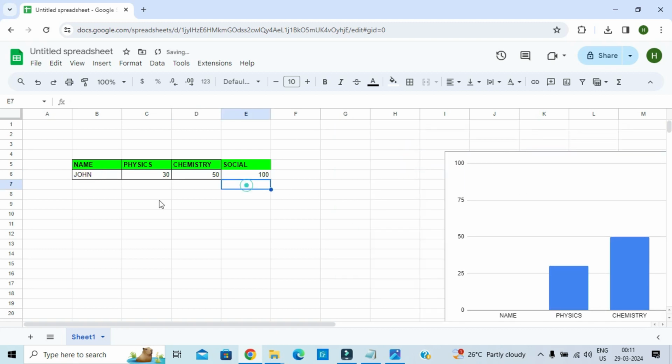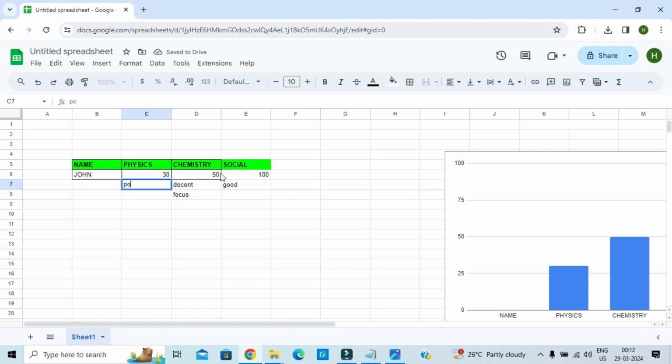John has got 30 marks, 50 marks, 100 marks, right? John is very good in social. He's got good marks in social. John has got decent marks in chemistry, so he needs to focus a little bit on chemistry.